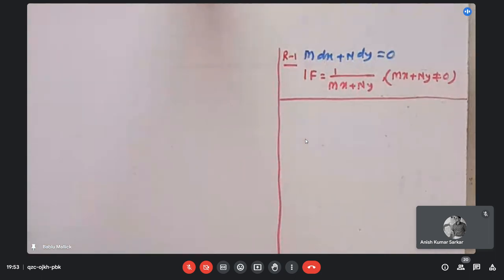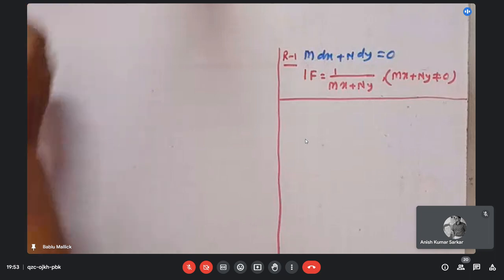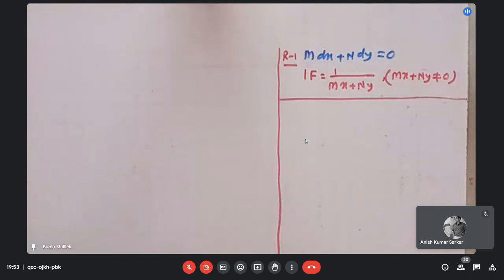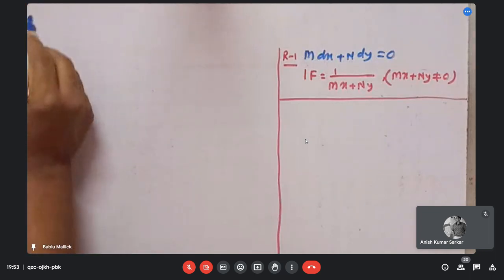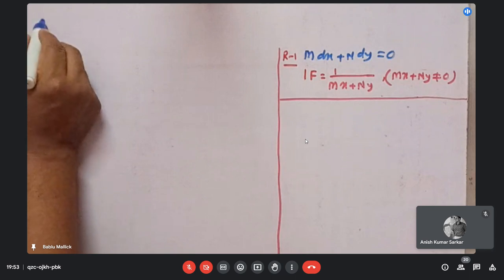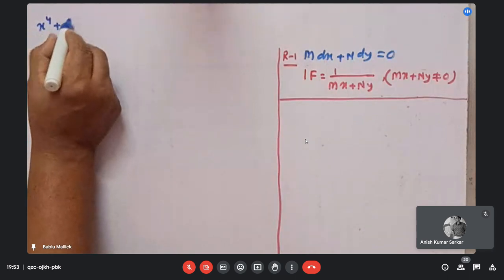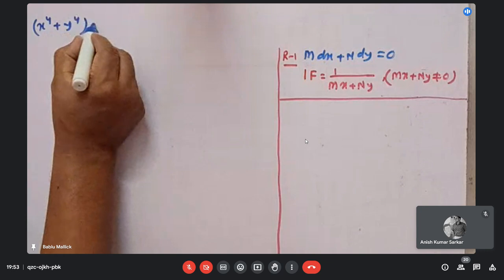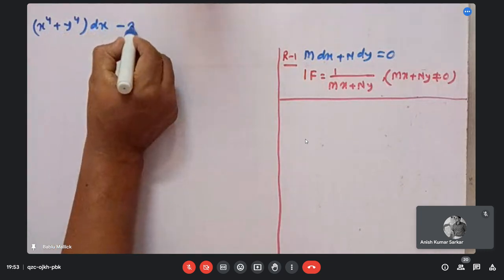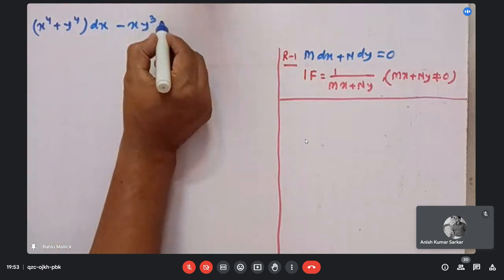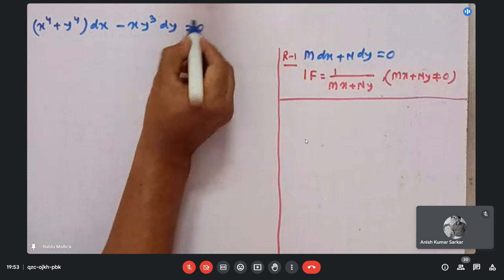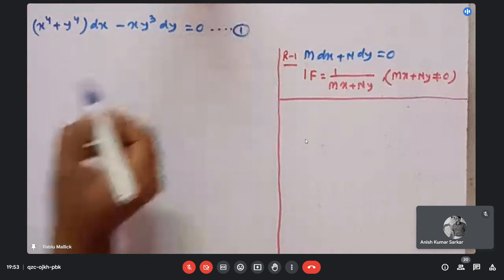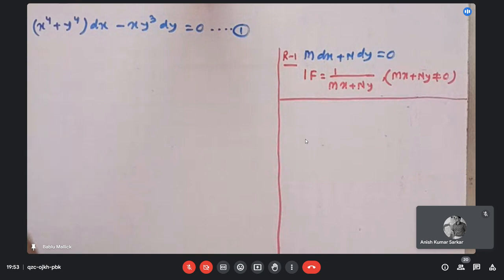Write the question. Solve this equation: x to the power 4 plus y to the power 4, into dx, minus x y cube dy, is equal to 0. This is number 1.